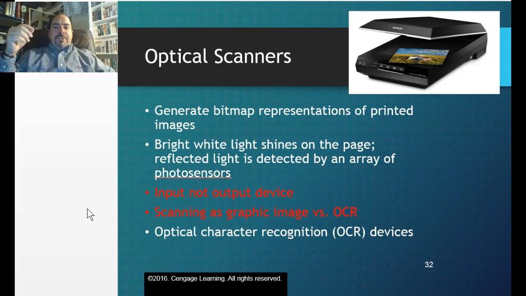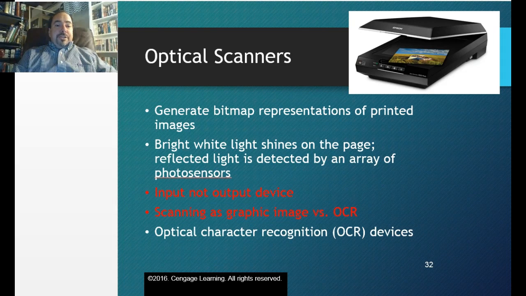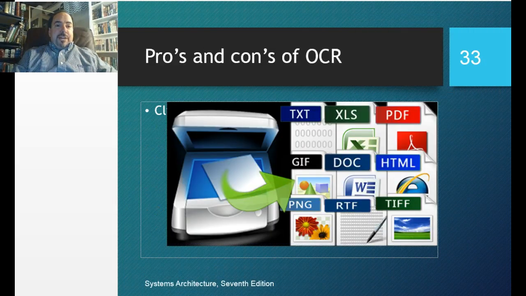The problem with scanning something in as text is a process called optical character recognition. It reads all the text on the page and tries to import it correctly into a text file, like a Microsoft Word file, so that you don't have to retype. And I agree that retyping is evil. You never want to have to retype something if you don't have to.